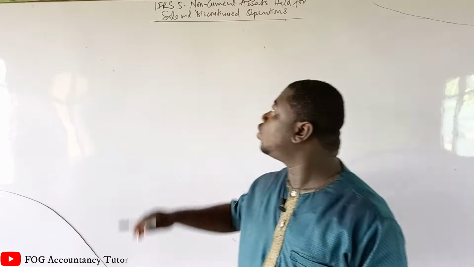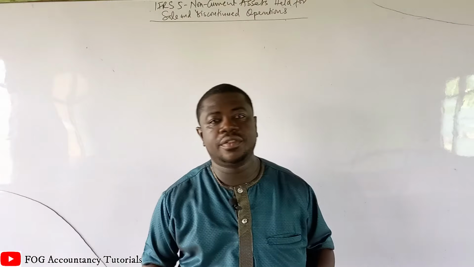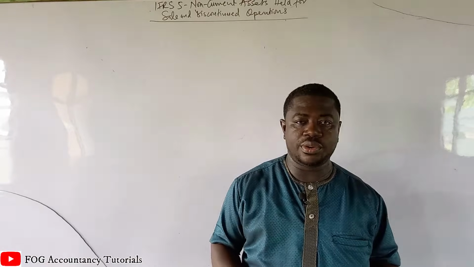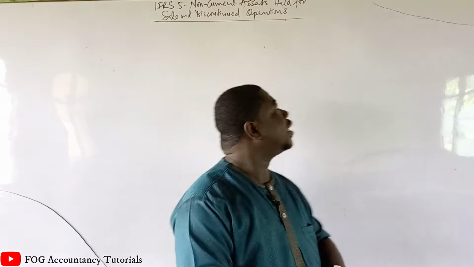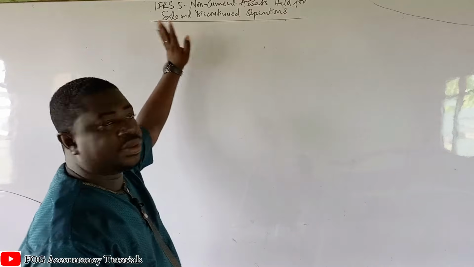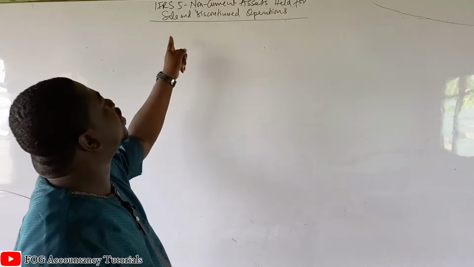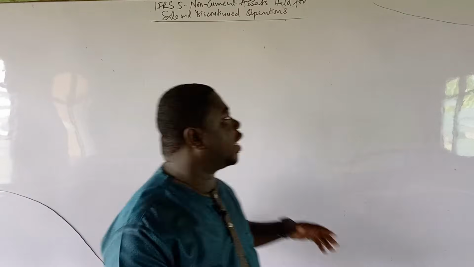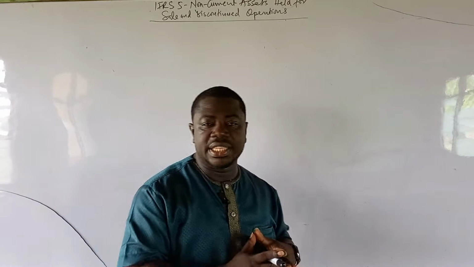Today we are going to look at IFRS 5, non-current assets held for sale and discontinued operations. Now, this standard is in two parts. The first part is non-current assets held for sale, and the second part is discontinued operations. And so we are going to look at the scope of the standard in general.